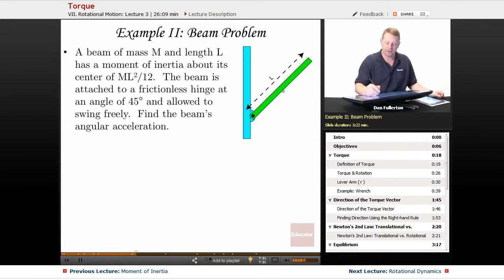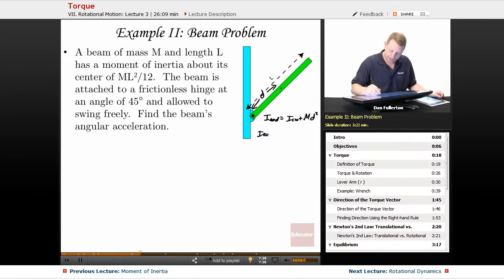Well, the first thing I notice is it's giving us the moment of inertia about the center point, not about the hinge. If you remembered the moment of inertia of a uniform rod about the end, you could use that. But let's get some practice with the parallel axis theorem and say that the moment of inertia about the end is the moment of inertia about the center of mass plus mass times the shift squared, where this will be our distance d.